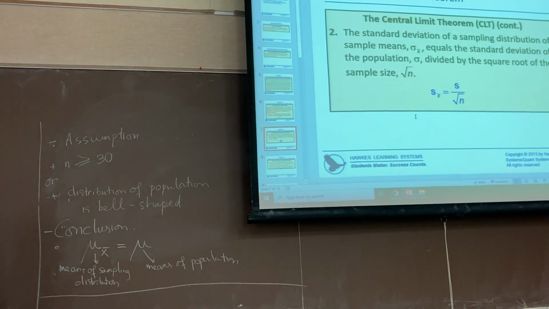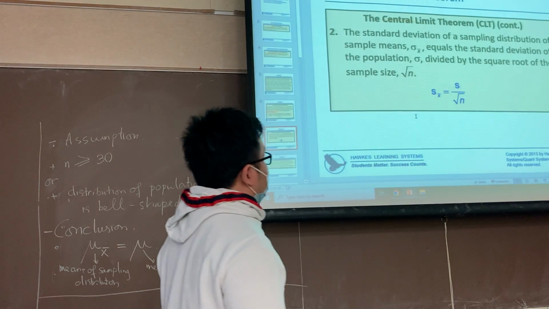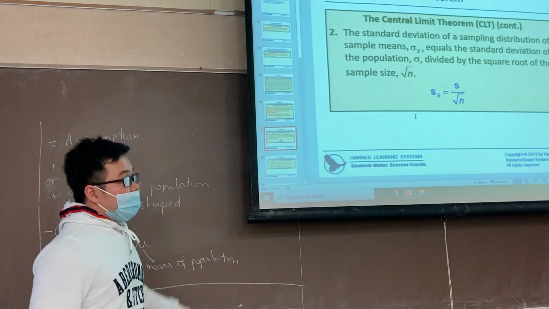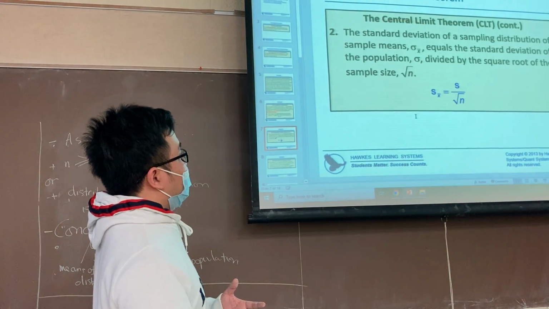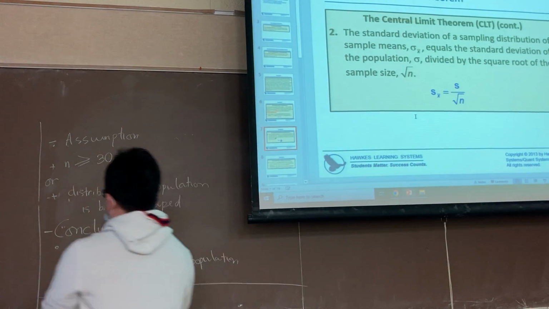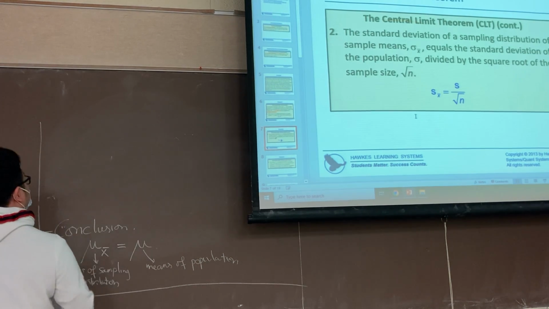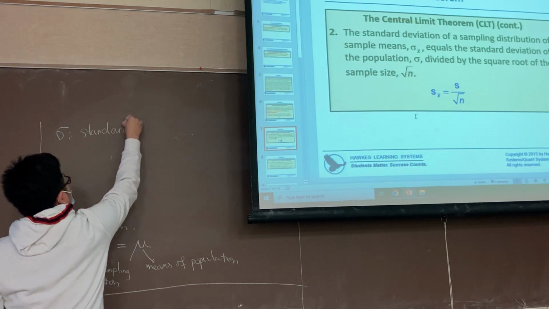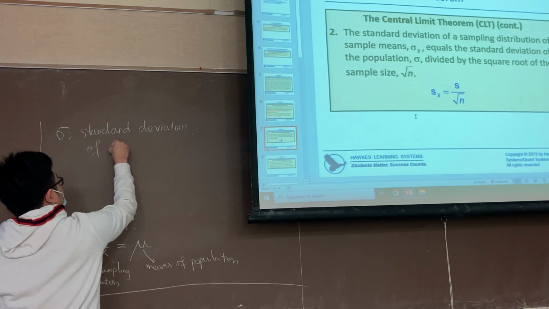The second statement talks about the standard deviation of the sampling distribution and the population. I will write down here, sigma is the standard deviation of the population.